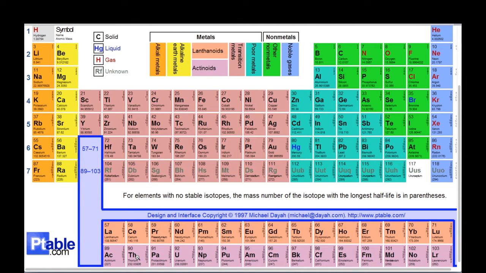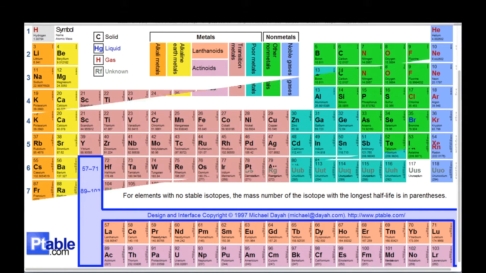It'd be 5f1 through 5f14. Then it gets back to the D block. This is D. So it'd be 6d1 through 6d10. Then it would go back to the P block. So it would be 7p1 through 7p6.